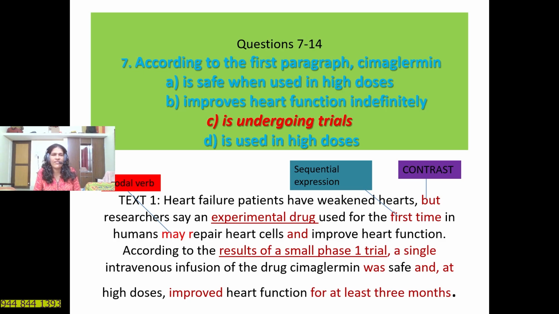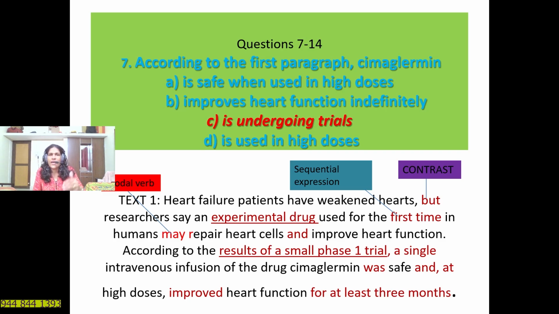May is a modal verb, and improve heart function. According to the results of a small phase 1 trial, a single intravenous infusion of the drug simaglermen was safe and at high doses improved heart function for at least 3 months. 3 months is a time expression again.